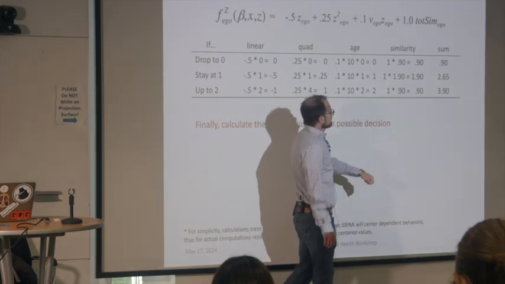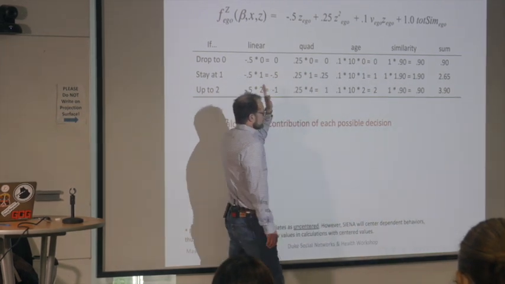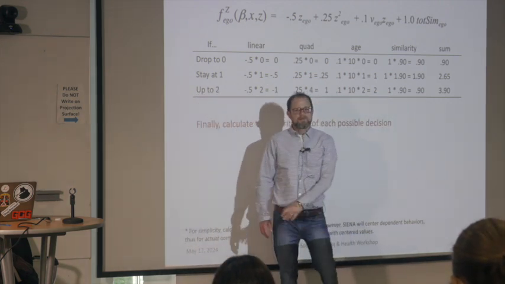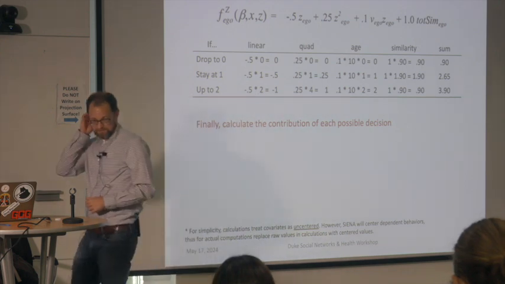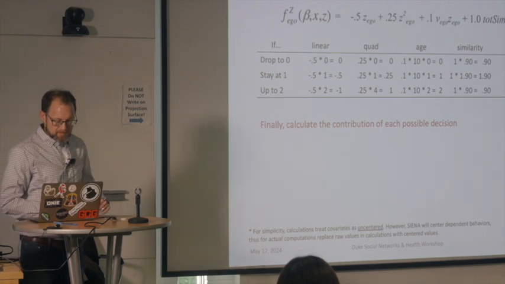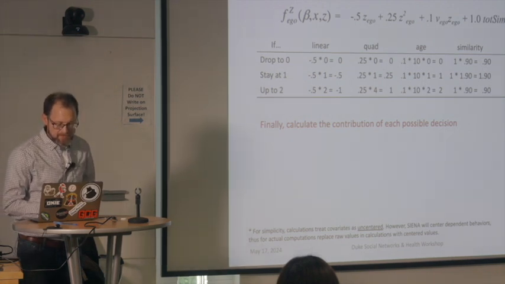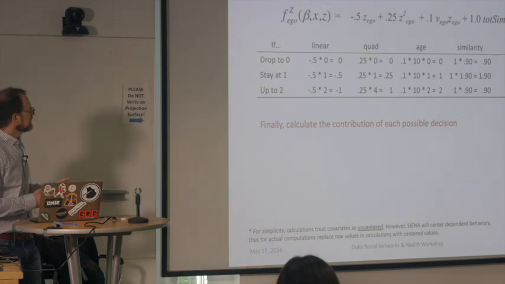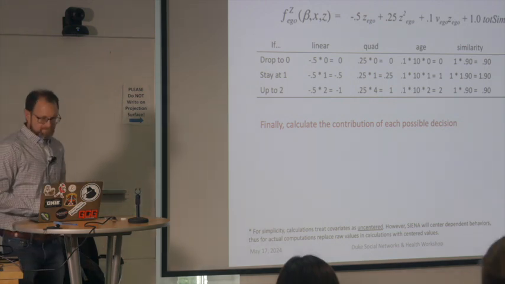The similarity would decrease for either of these two. So when we add all of this up together, the highest utility looks to be becoming a heavier smoker, right? And that's driven by what is it? This quadratic shape effect plus the age effect. The age effect really is driving this.